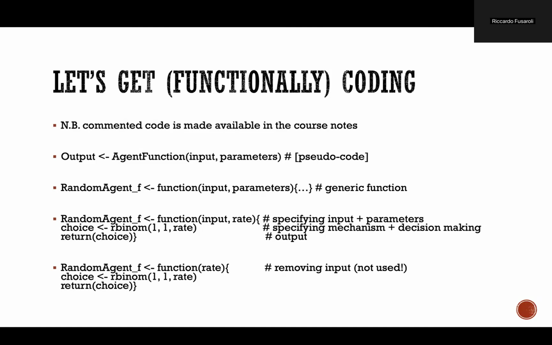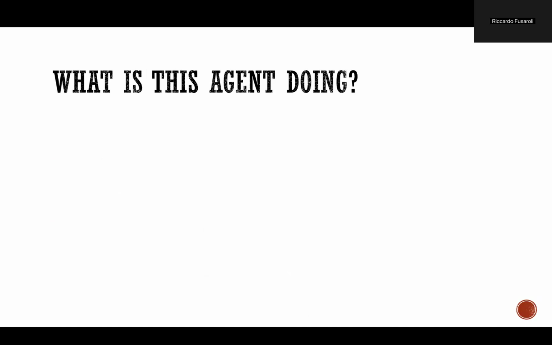So what we can do in this specific case is remove the input because we're not using it. Sometimes we keep it for consistency, so all the agents get the same input, which simplifies the programming. But for the rest of the slides, I'm going to remove it because it saves space and it's easier. Okay. So what is this agent doing?